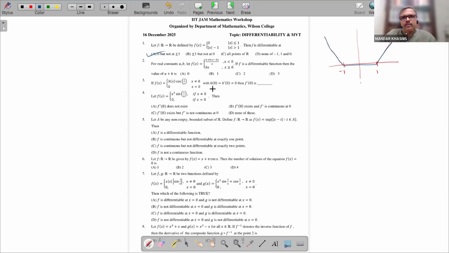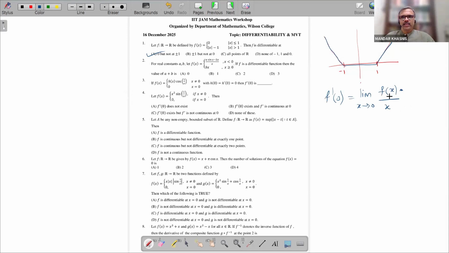Even for this, we know what is going to happen because h of 0, h dash 0 is known to us. So f dash 0 is simply applying the definition. f dash 0 is limit x tends to 0, f x minus f 0, but f 0 is 0, upon x minus 0, that is x, right?